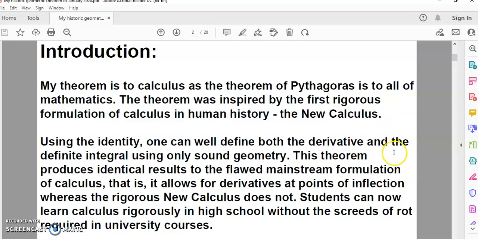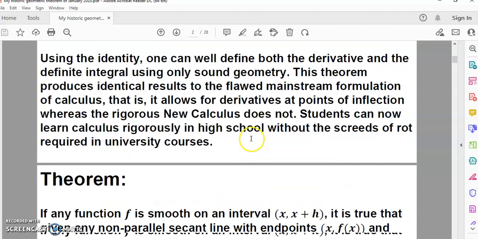So using only one identity, you can well define both the derivative and the definite integral. And there's only sound geometry involved. You don't have to learn about limit theory, you don't need a whole semester course on limits or anything else, okay?